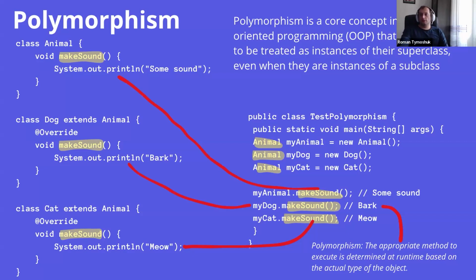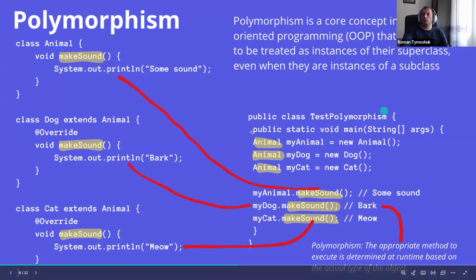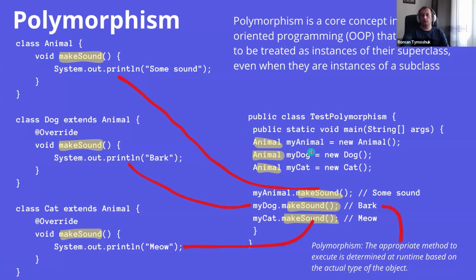How does it work? On the right side here, we can define all of these objects, like general animal, dog, and cat, as objects of the parent class Animal. And when we are calling them, my animal makes sound, it will output some sound in the console.